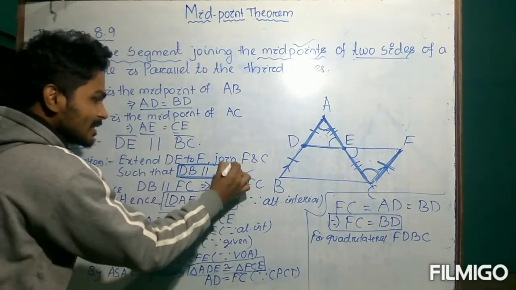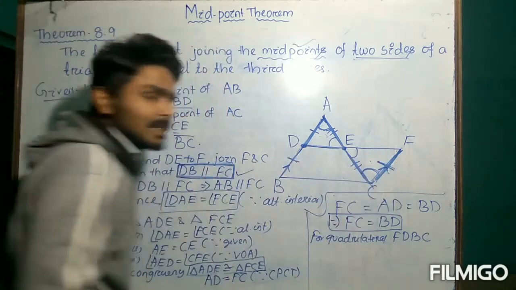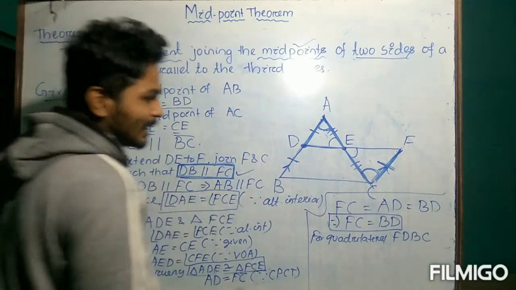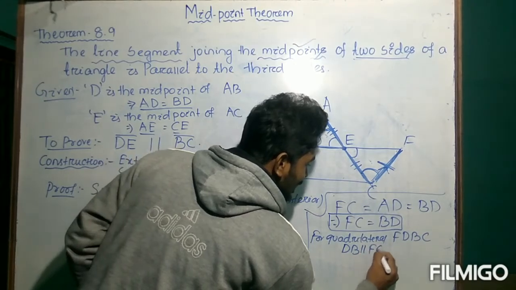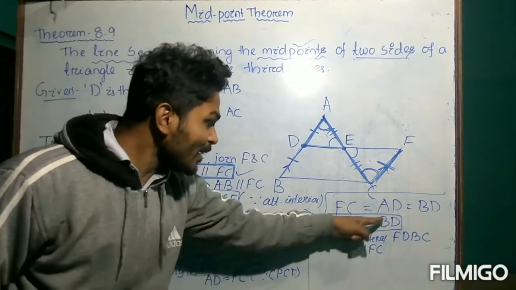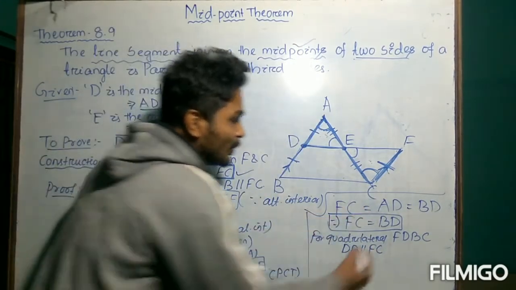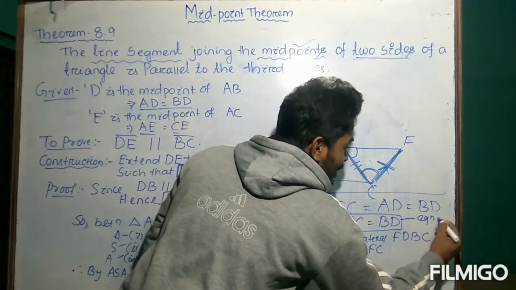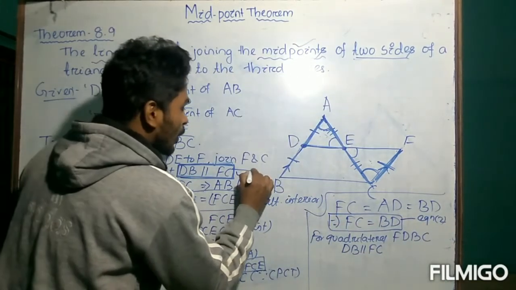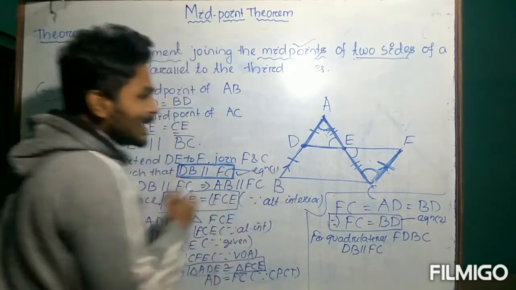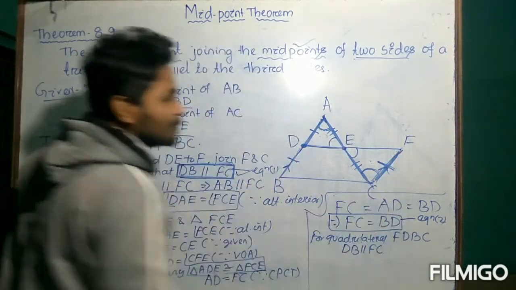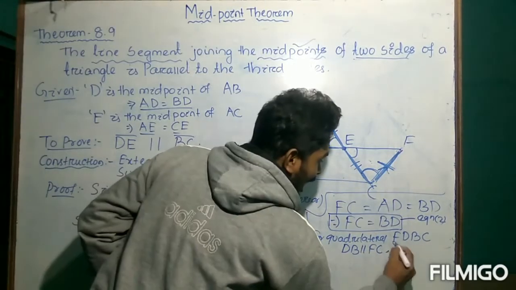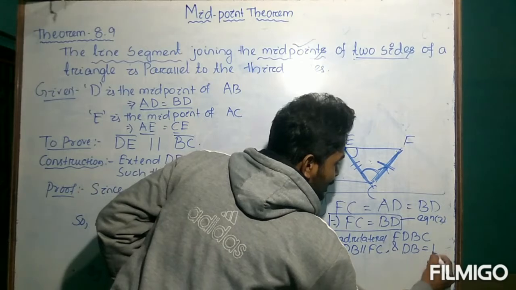Just see this. DB is parallel to FC. We have already constructed it. Let's say this is our equation number 2 and this is our equation number 1. But now we have proved that this DB is equal to FC.